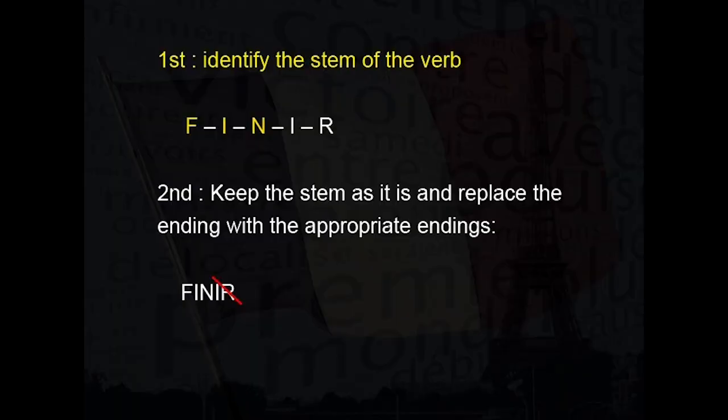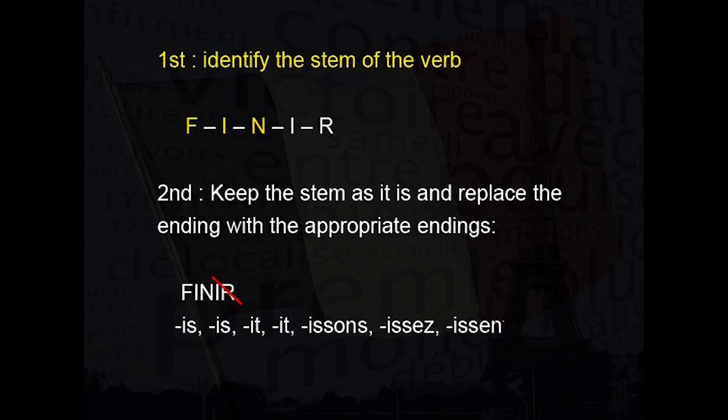So we keep the stem as it is and simply remove the infinitive ending, which is IR, and replace it with the appropriate endings: IS, IS, IT, IT, ISSONS, ISSEZ, ISSENT, and ISSENT.